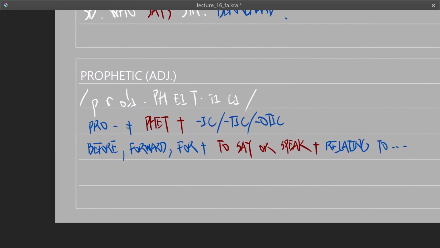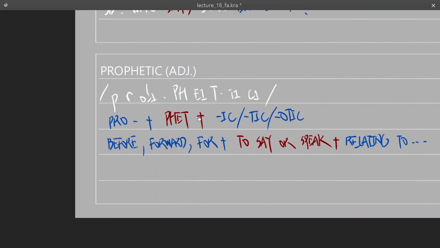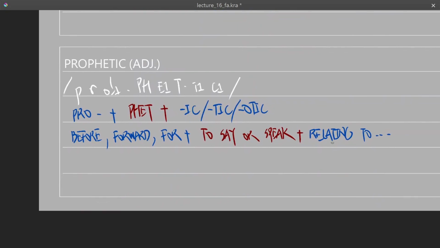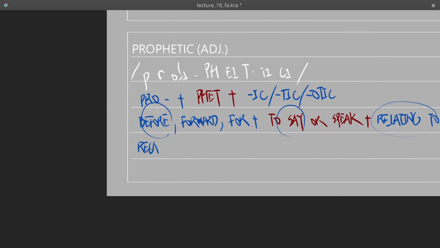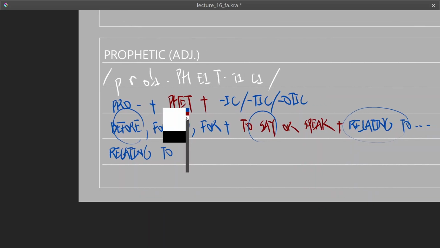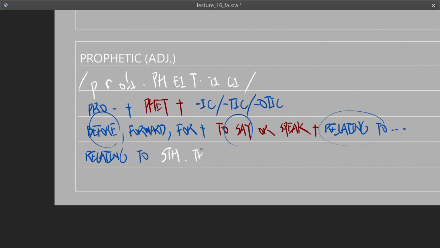So prophetic usually means relating to something that is said beforehand.